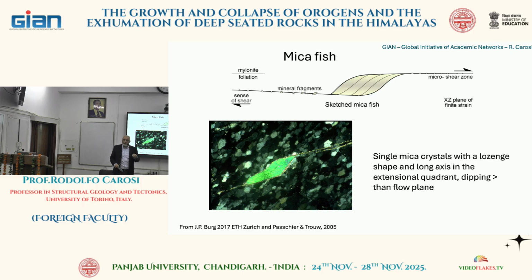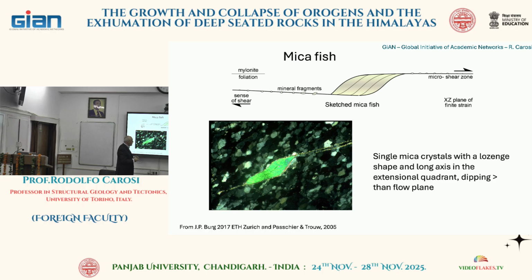Because if you try to give geochronological information about the shearing, maybe by laser ablation to detect potassium-argon ages, you cannot use this porphyroclast, but this one, to detect the age of the shearing.